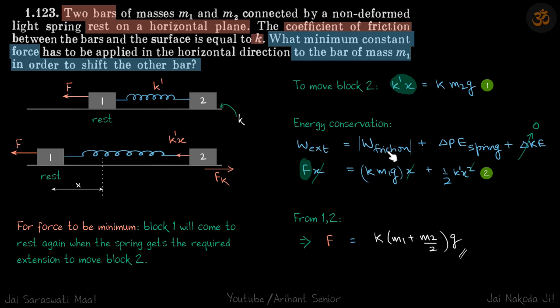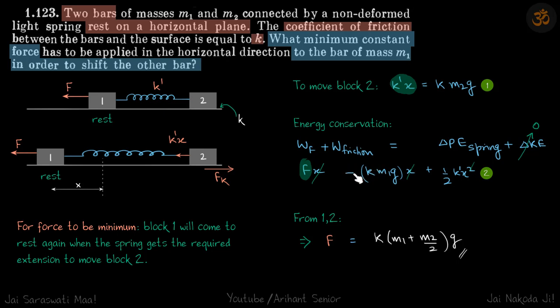This is the energy lost in friction, this is the energy gained in our spring, and delta KE is 0. Both the masses were at rest initially, and finally also both are at rest.